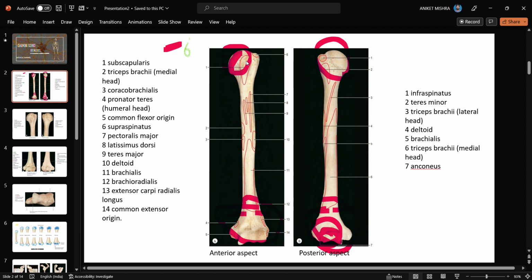The upper end has a rounded spherical head, and the lower end has flat and enlarged bony landmarks. Medially, the round head is present. Posteriorly, there is a fossa, or a groove-like structure, present in the humerus.